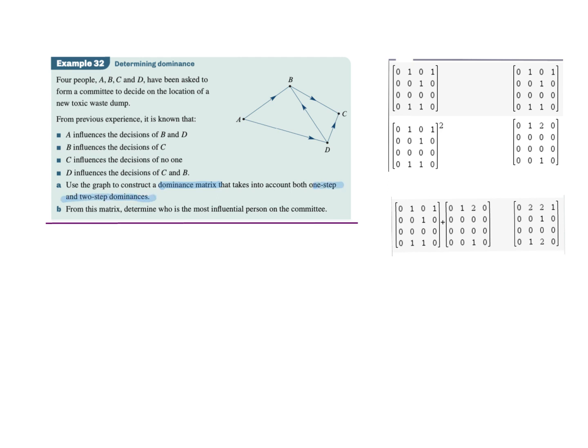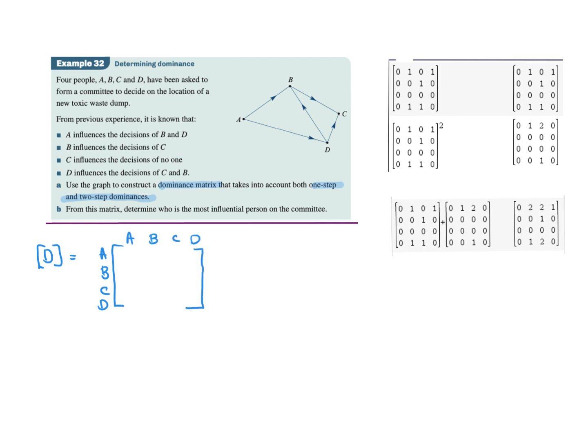To be able to do that, you need to first get the dominance matrix. Just to refresh, the dominance matrix is a square binary matrix, which means it will only have 1s and 0s.